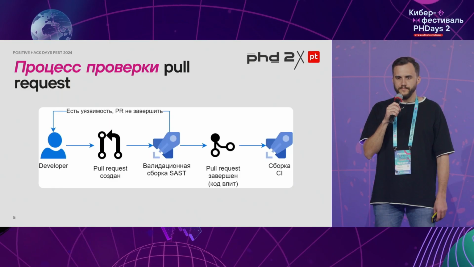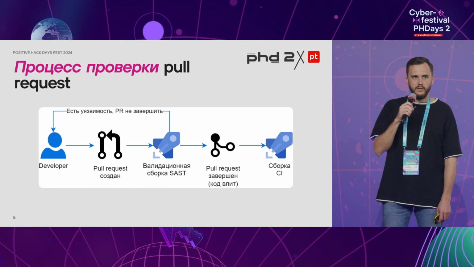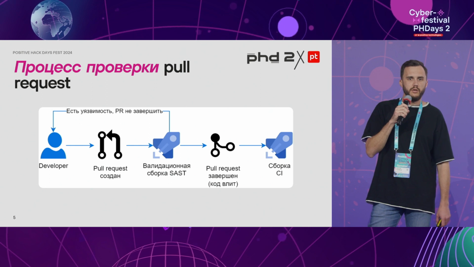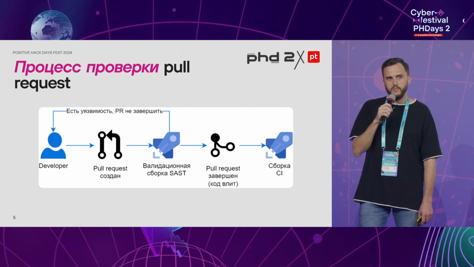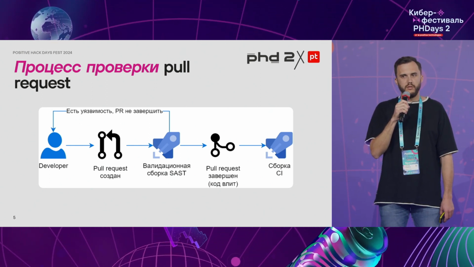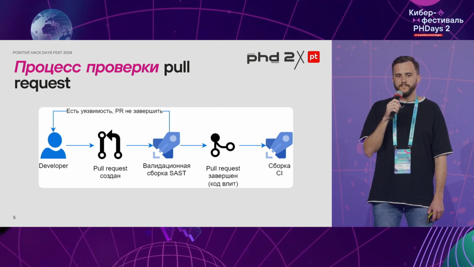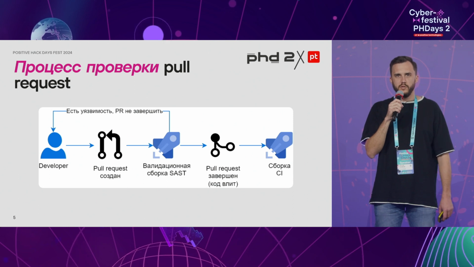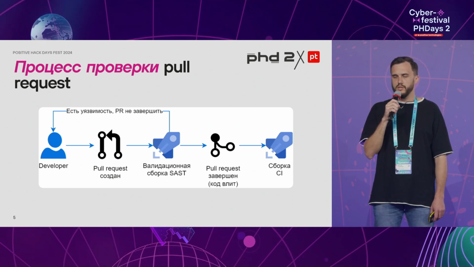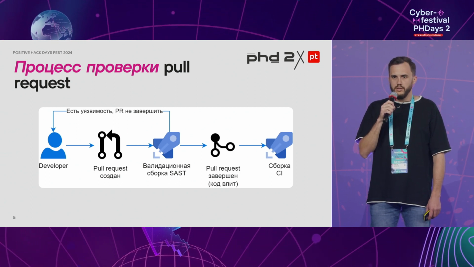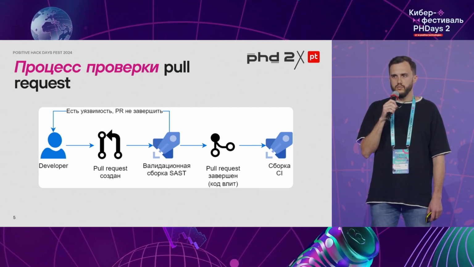Introduction. Briefly, we are going to look at the process of what a pull request is. A pull request is when a developer makes his own feature tree and applies changes. Upon the result of these changes, he creates a pull request to fix his changes. If there are certain vulnerabilities available, then our validation assembly of SAST will not let these pull requests pass.